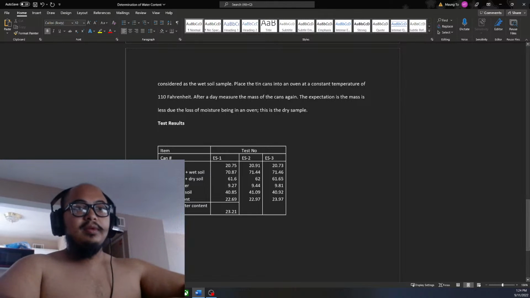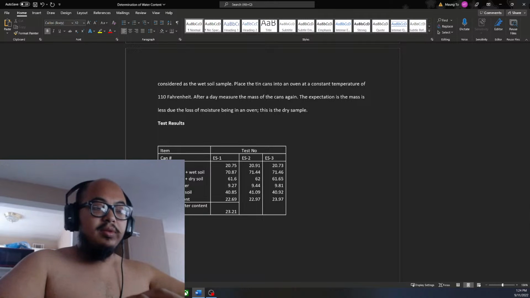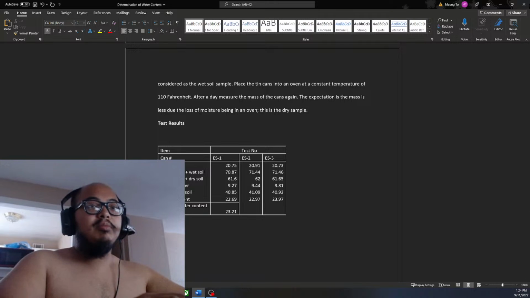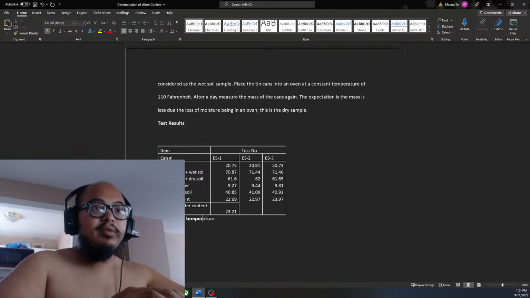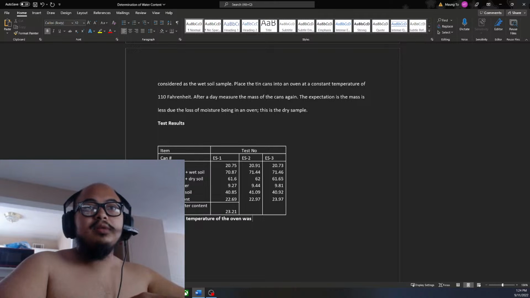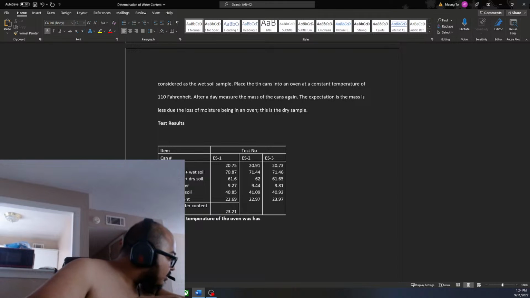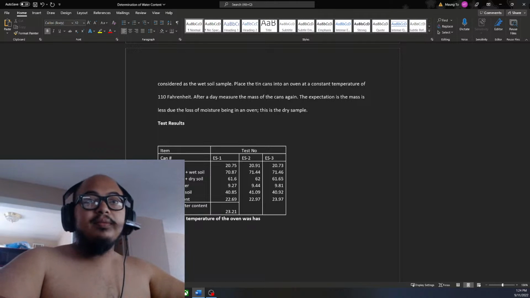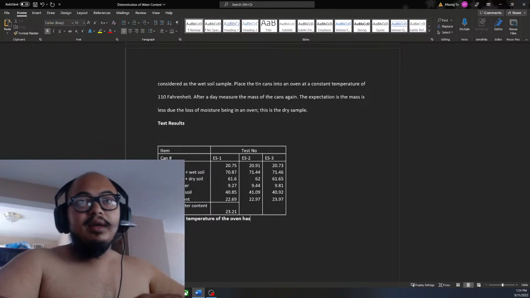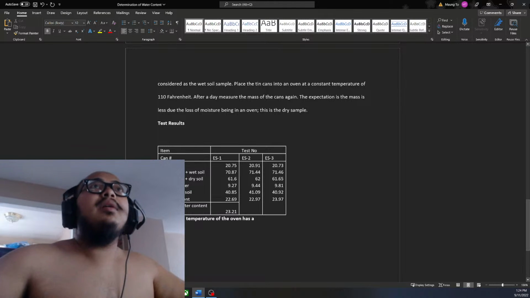Okay. Is it still in boldface? The temperature for the oven was, how do I add an equation?